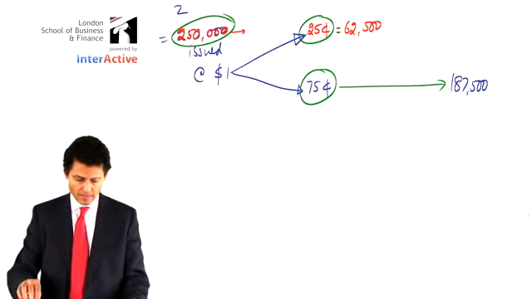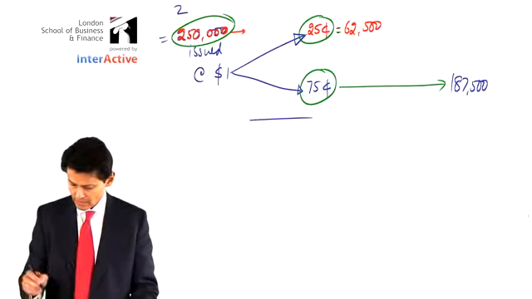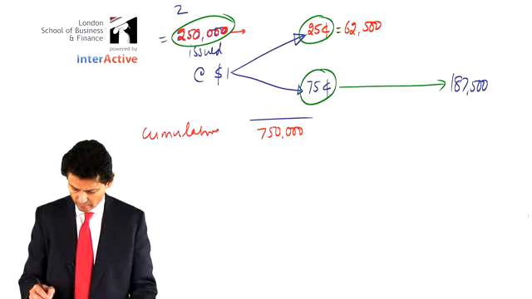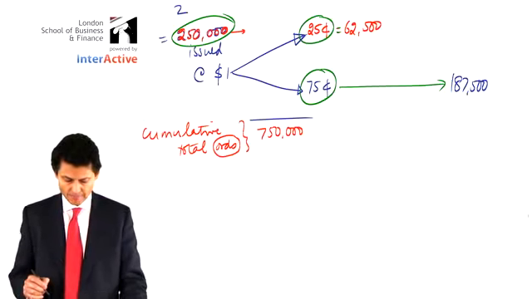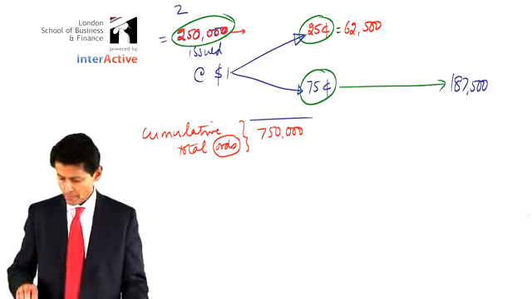Not bad. And the cumulative total of the number of shares, I suppose, is something like 750,000. So the running total, cumulative total of the number of ordinary shares is 750,000. And then the question says there's a 1 for 5 bonus issue.